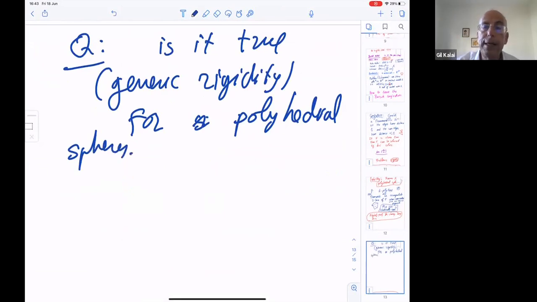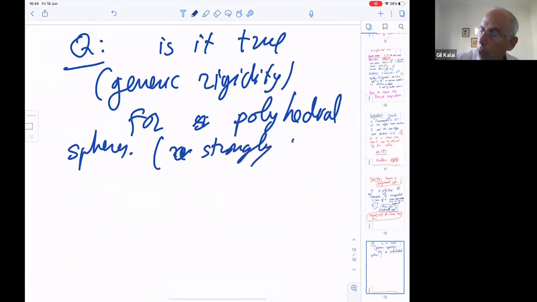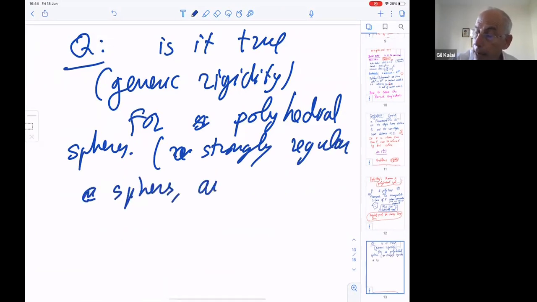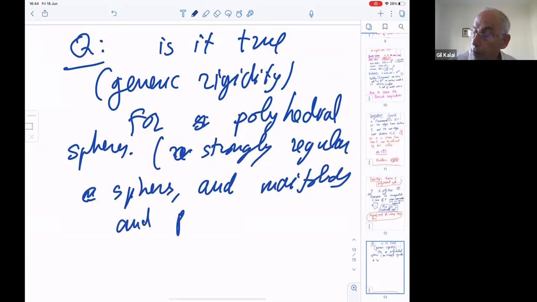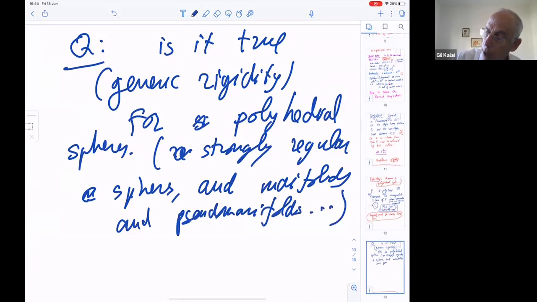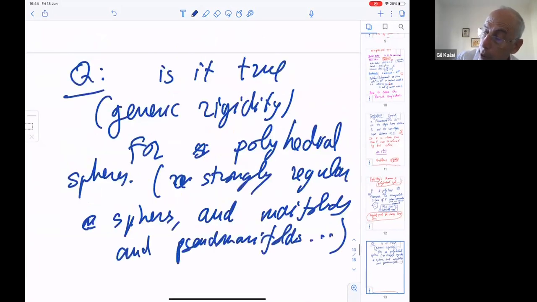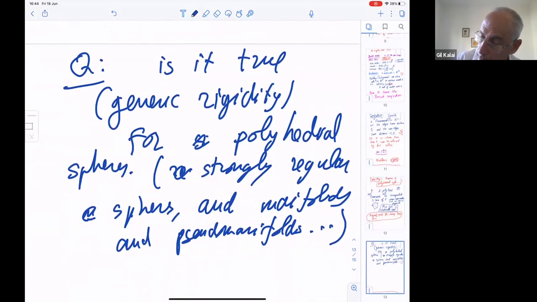And actually, we expect it to be true not only for polyhedral spheres, but also for, say, strongly regular spheres and manifolds and pseudo-manifolds. So this should hold in greater generality, but we don't know it for polyhedral spheres, even in dimension 4, so d = 4.